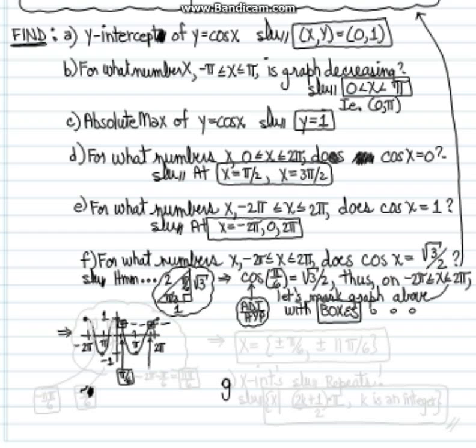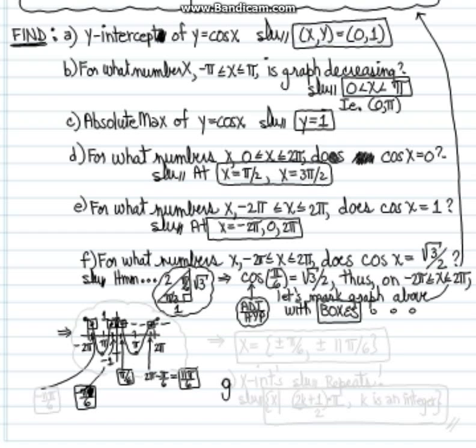It occurs again on the right side at 2 pi minus pi over 6. Right? That's 2 pi minus pi over 6 will give me that value on the right. And then on the left it occurs again at negative 2 pi plus pi over 6. So it occurs at pi over 6 and negative pi over 6, and again at 11 pi over 6 and negative 11 pi over 6.